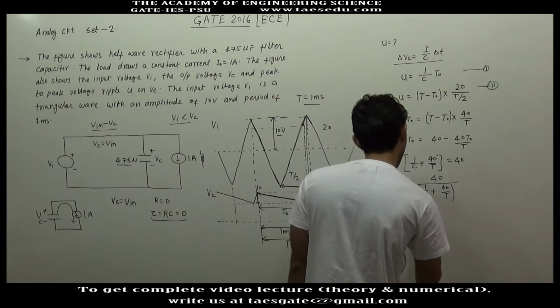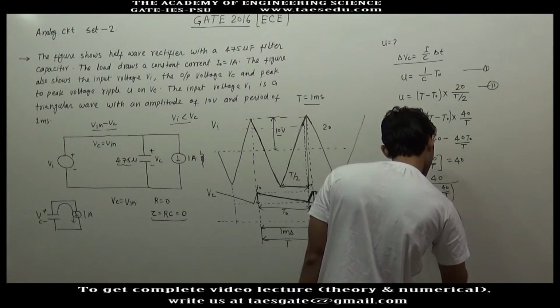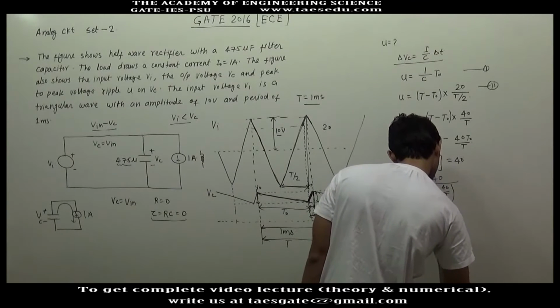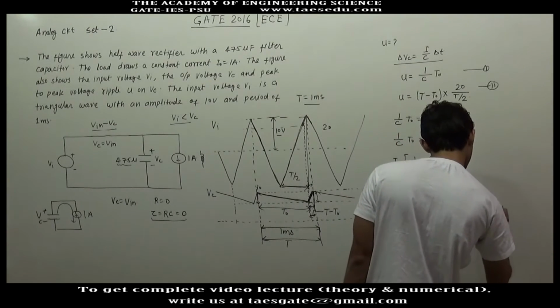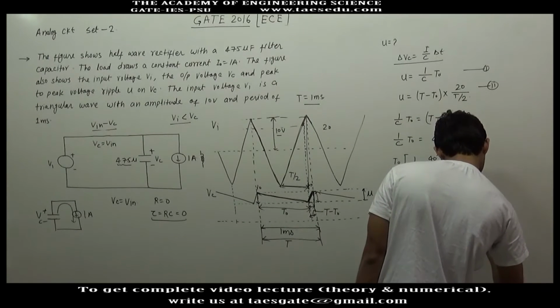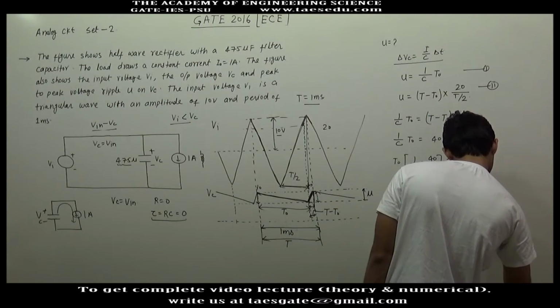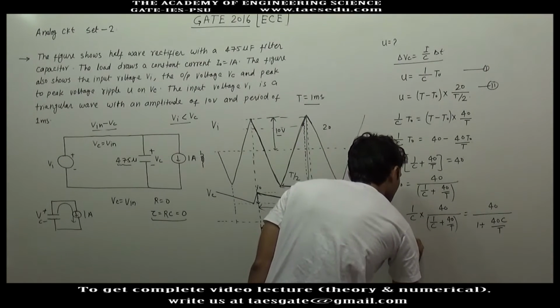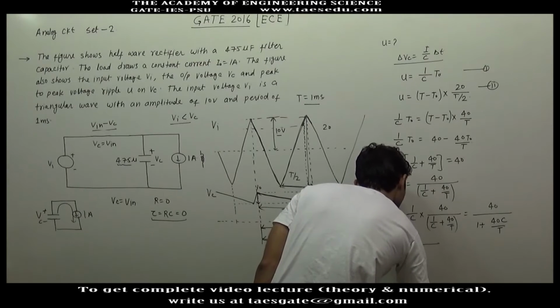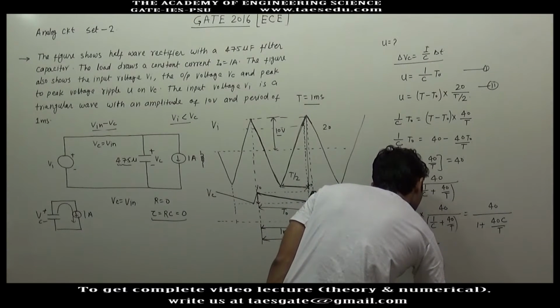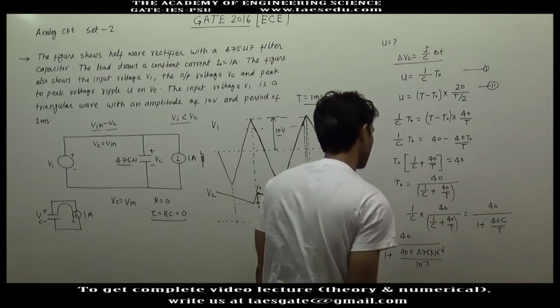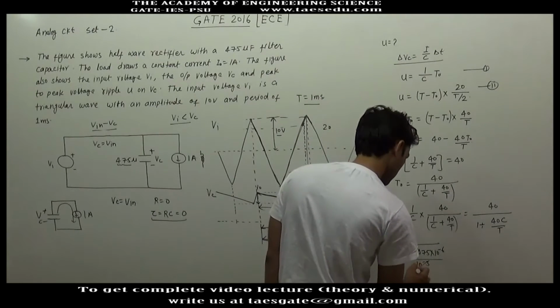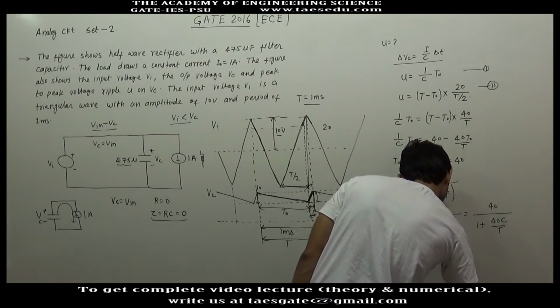So 1 by C into t naught is, multiplying with C, 40 divided by 1 plus 40 C divided by T. So this will give you 40 divided by 1 plus 40 into C, which is 475 into 10 to the power minus 6, divided by T, which is 10 to the power minus 3.